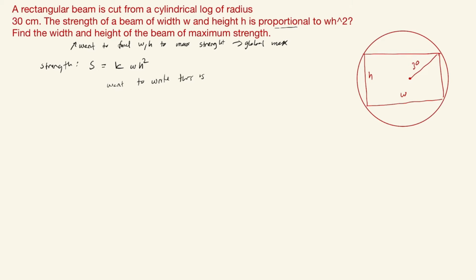Now we want to write this in terms of one variable. Here I chose it to be W, so I am going to find a way that I can write H in terms of W and plug that into the strength S. So note here, I'm going to take this rectangle from the picture on the right.